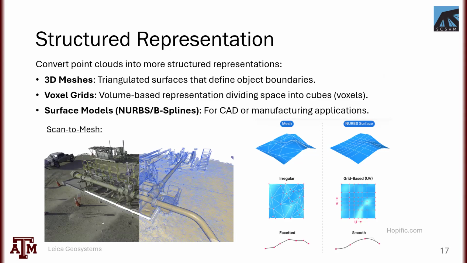We can also use voxel grids. Voxel grids basically divide the three-dimensional space into cubes, sort of like what a pixel is to the plane. A voxel is a volumetric pixel for three-dimensional volume. So these are useful for any sort of volume-based analysis. We also have surface models, including the likes of NURBS, B-splines.